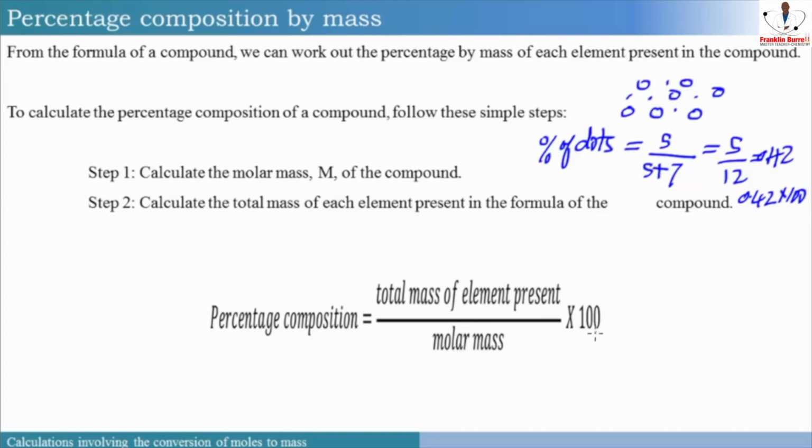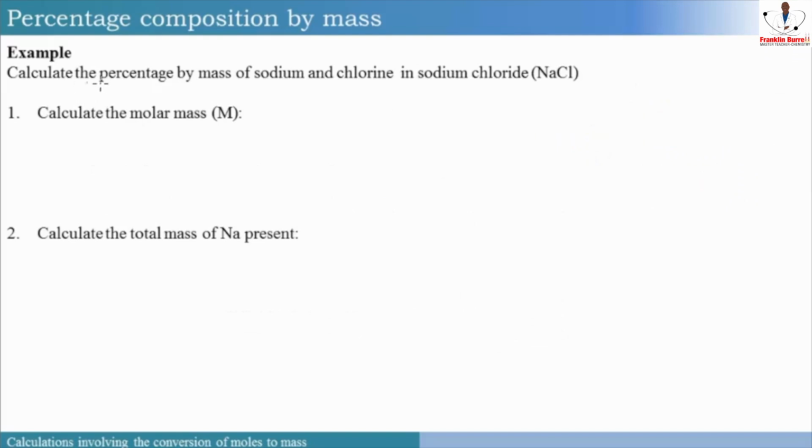Let's continue. So if we are to calculate the percentage by mass of sodium and chlorine in sodium chloride, we would need to find the molar mass of sodium chloride. And so the molar mass of sodium chloride would be equal to 23 for sodium plus 35.5 for chlorine.